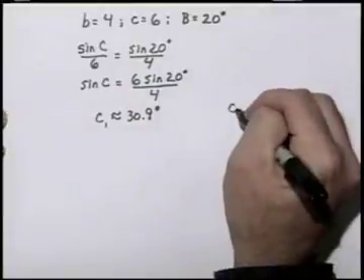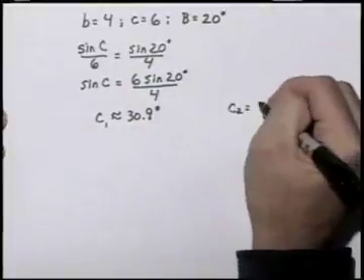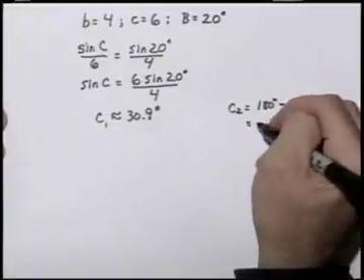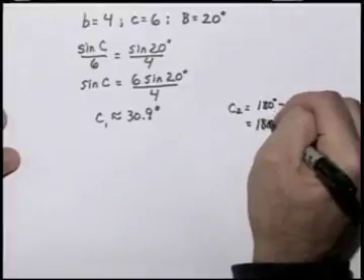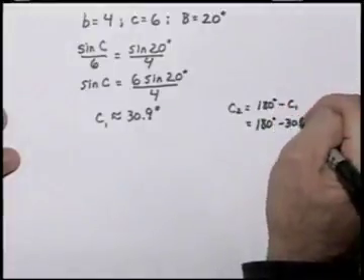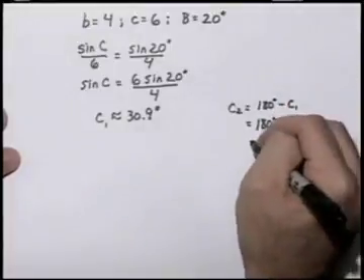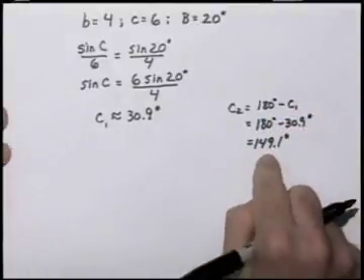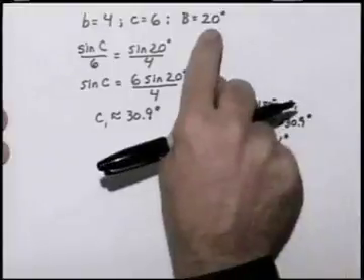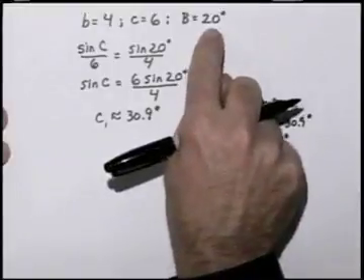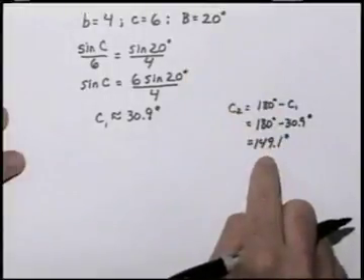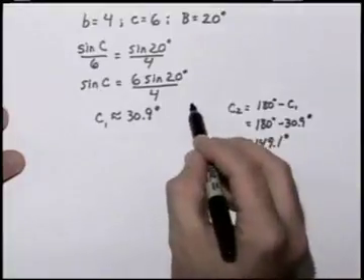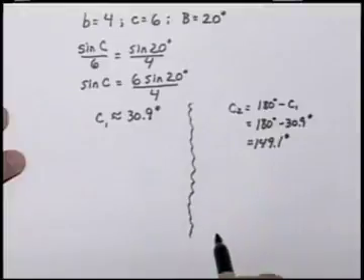The second angle C would then be 180 degrees minus the measure of angle C1. So 180 degrees minus 30.9 degrees is going to give me 149.1 degrees. 149.1 degrees plus 20 degrees is 169.1 degrees. So I have not gone over the 180 degree mark. Therefore, I'm going to have two triangles.